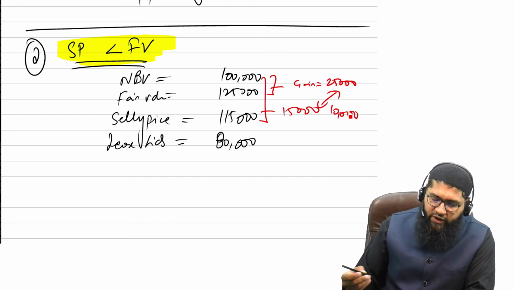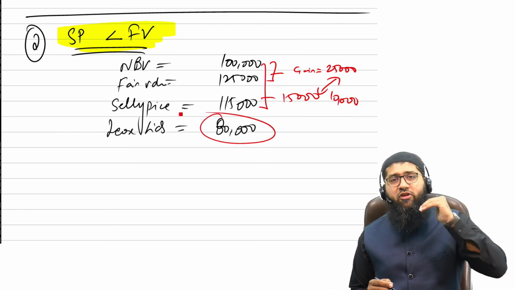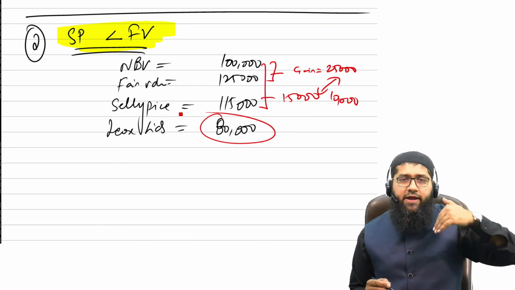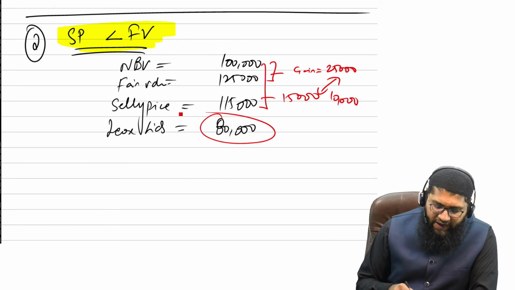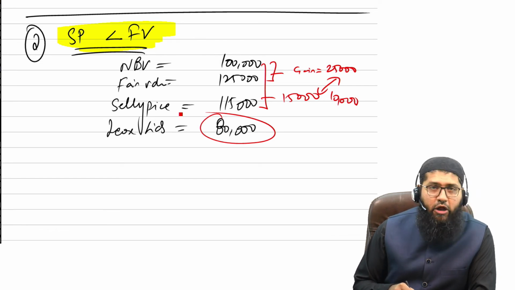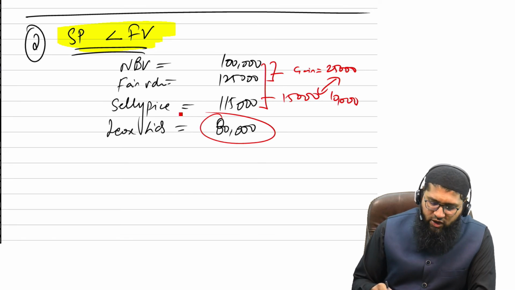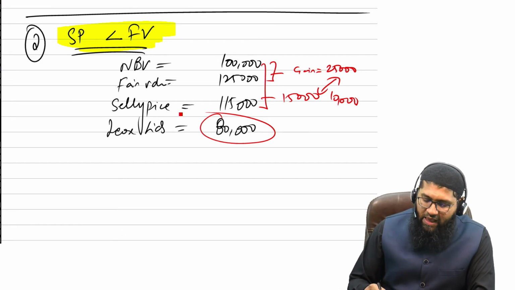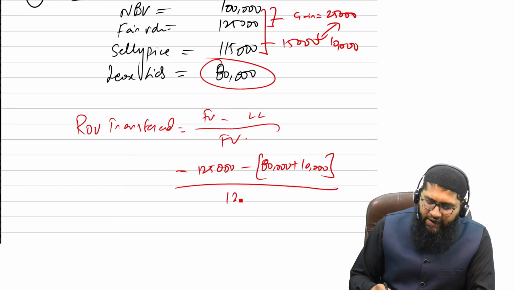So what are we going to do? We're going to say, okay, this lease liability is 80,000, but that means we are actually giving up 10,000 more. So it's 80,000 plus 10,000 and divide by 125,000.